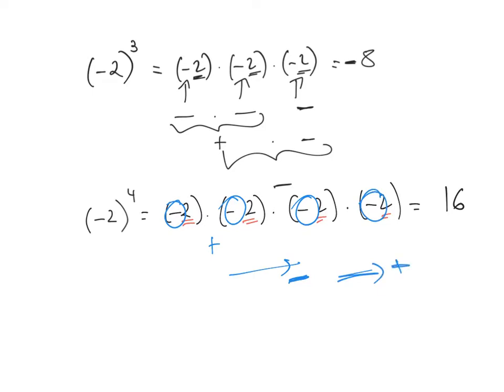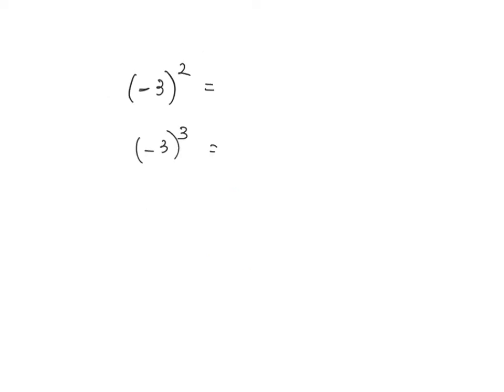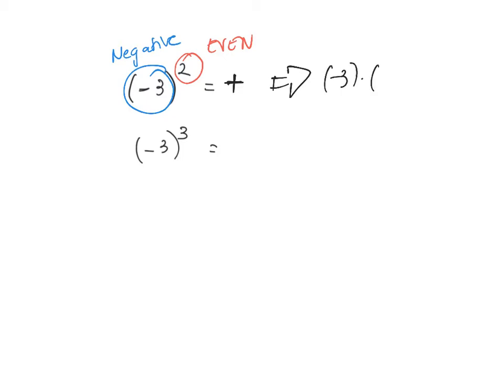So the result in this case is positive 16. So to sum up, when the exponent is an even number and the base is negative, the result is always positive, because here we have -3 times -3, 3 times 3 is 9, and minus times minus is plus.